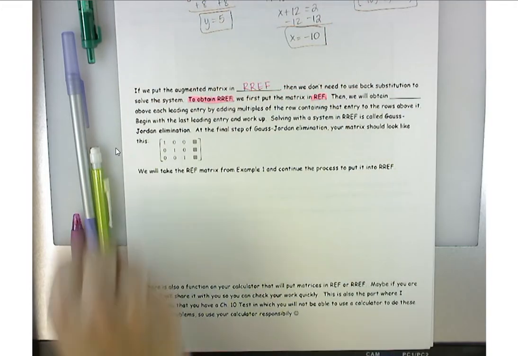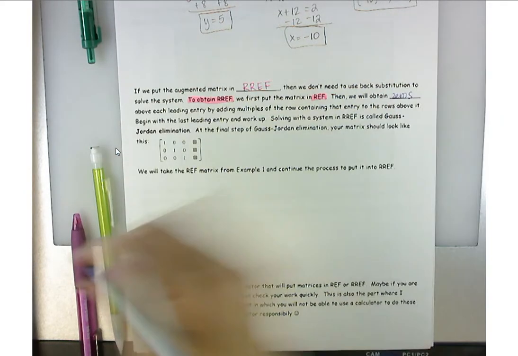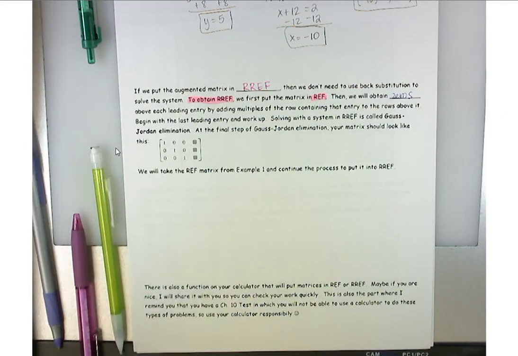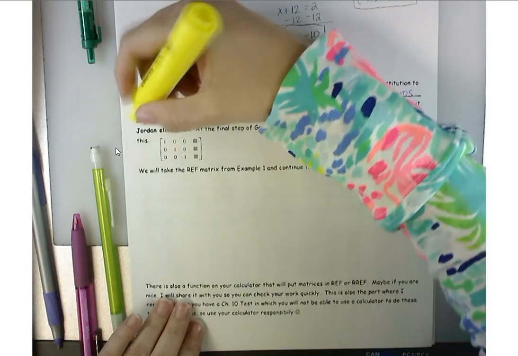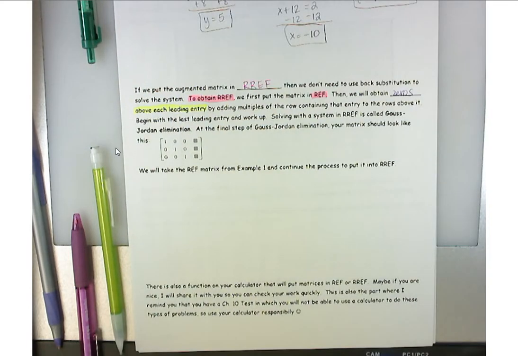Then you obtain your zeros above each leading entry by adding multiples of the row containing that entry to the rows above it.